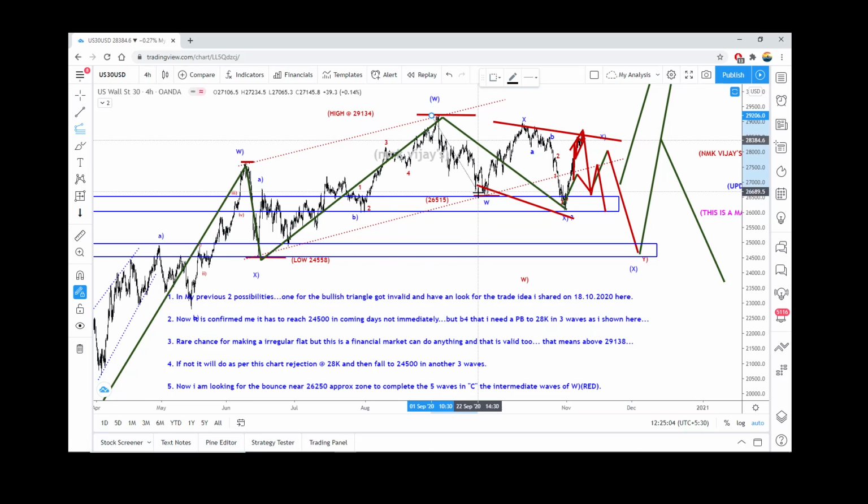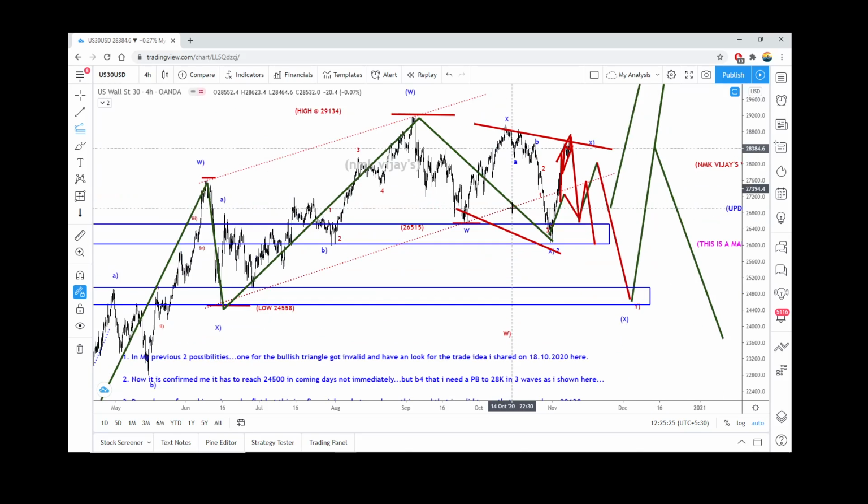If for example the correction is here, it's around 24, W, X and Y, A, B, C. So we have to watch what kind of wave formation is happening here. But in the rare case, it could be bullish also, but I'm thinking only in the rare case.